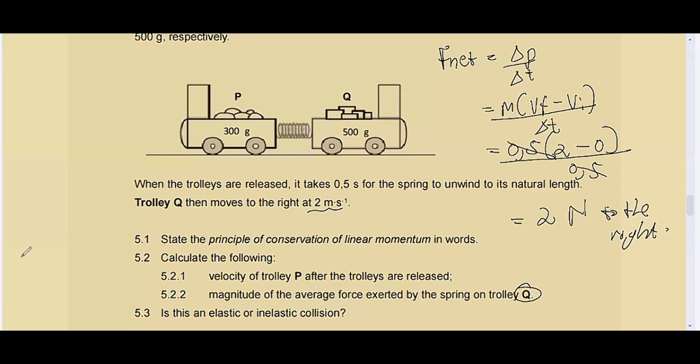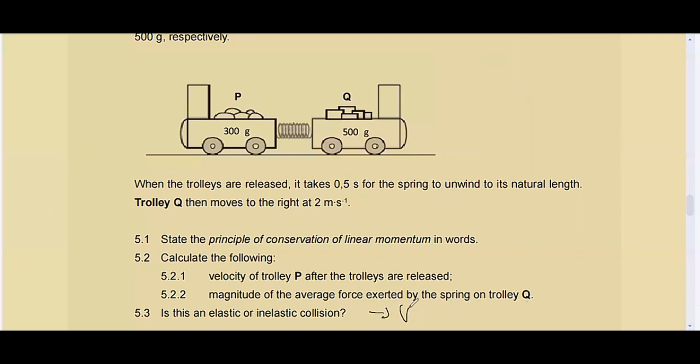Now 5.3 is asking, is this an elastic or inelastic collision? So without any calculation, we can tell that this is an inelastic collision, right? Even if we were to calculate, remember, the sum of EK initially will just give us 0 joules because they're still held stationary.